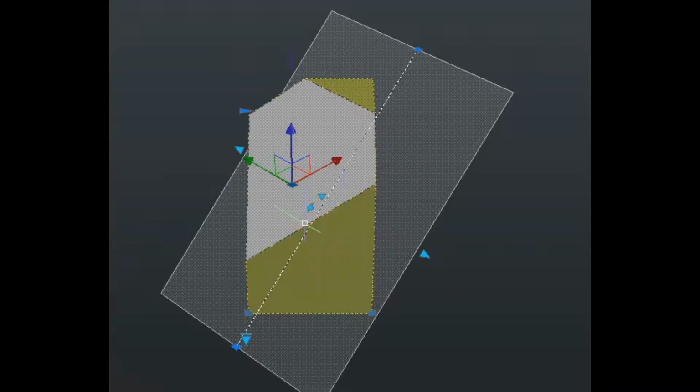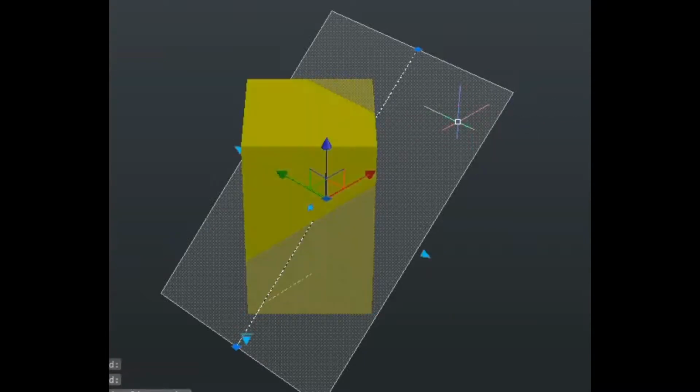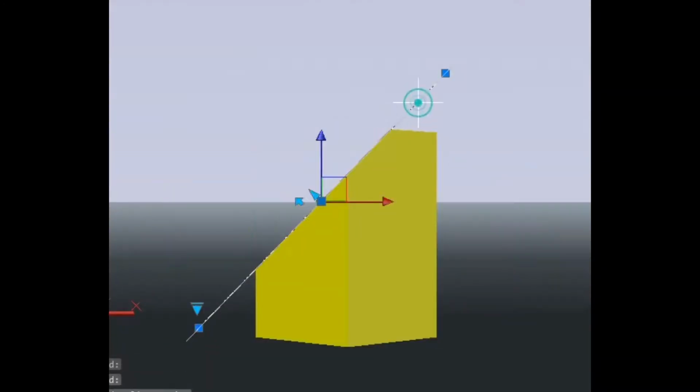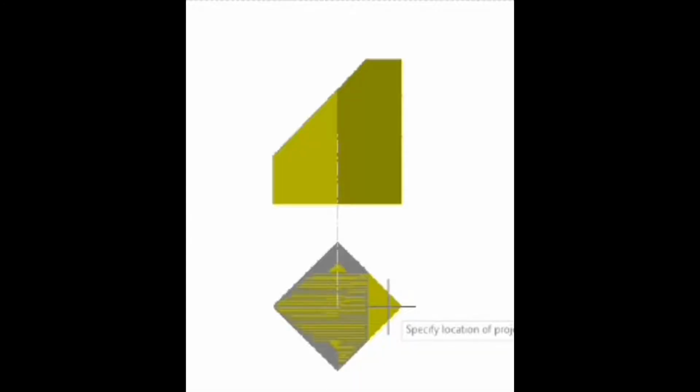I will talk about this in the latter part of this section, but here we need to observe the final front view and top view. So in the drawing sheet you have to draw this front view and top view.